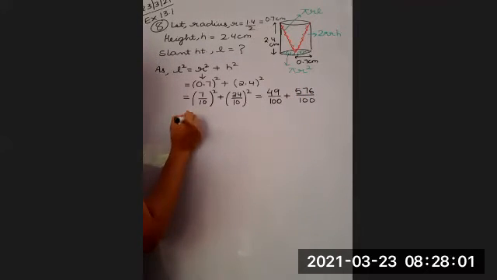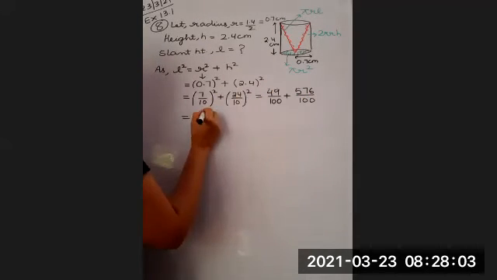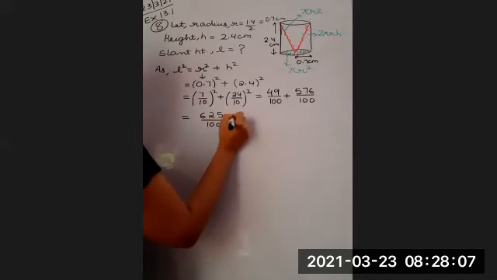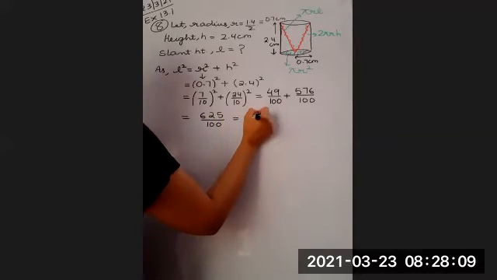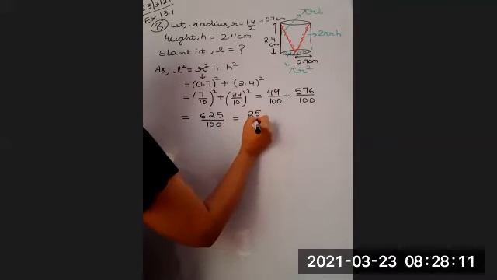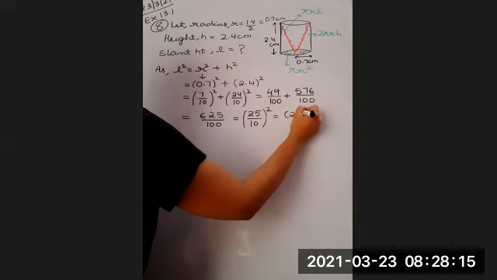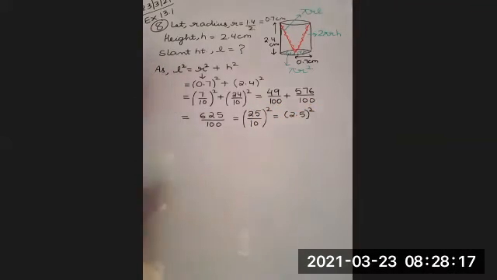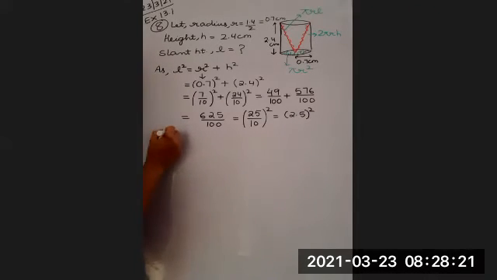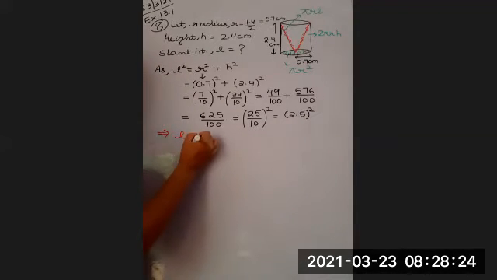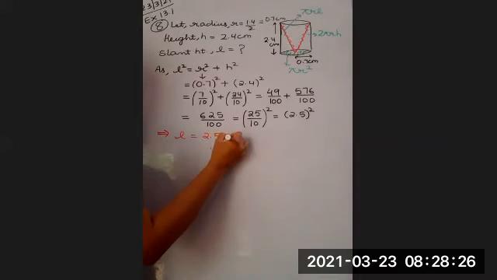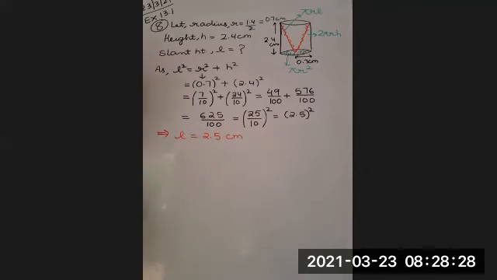Since the denominators are same, 49 plus 576 is 625 over 100. 625 is the square of 25, so 25 by 10, 2.5 centimeter. So l comes out to be 2.5 centimeter.